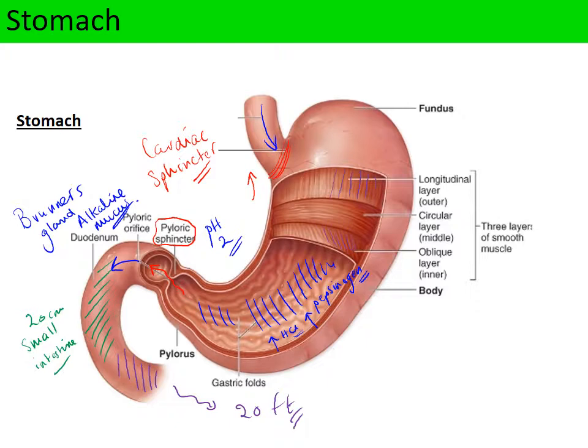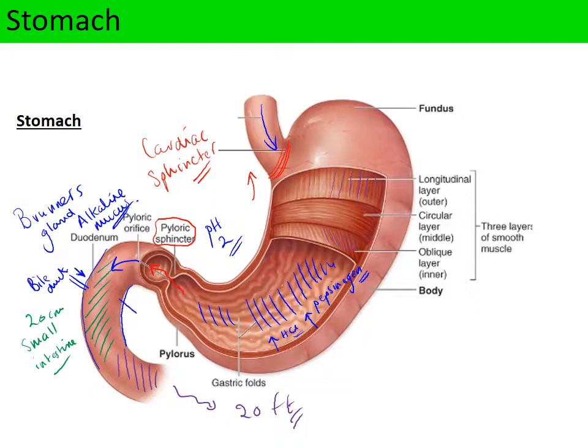Now, in this duodenum structure, so this first 20 centimeters or so of the small intestine, we're going to see in a minute, we get 2 ducts that open into this. We get the bile duct from the gallbladder, and here we get bile that goes into the duodenum, and bile emulsifies fats, and it is also alkaline to help neutralize the food from the stomach.